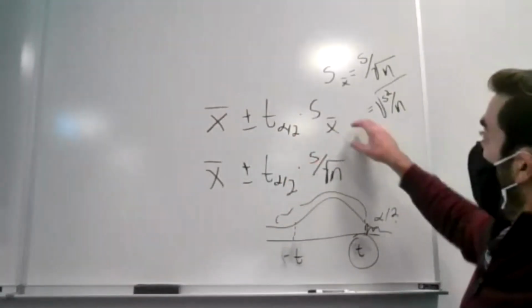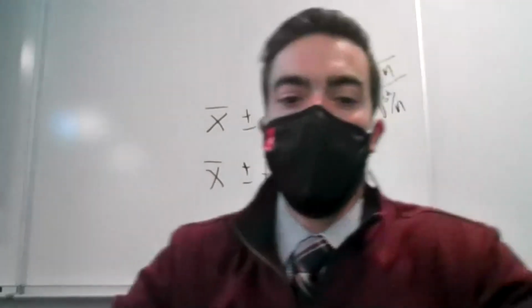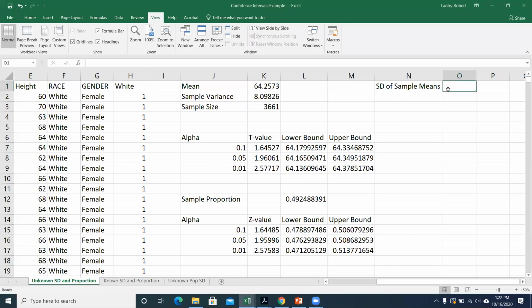I could calculate this ahead of time and then just plug that in. So up here, I'd use the square root of my sample variance divided by my sample size. Hit enter.